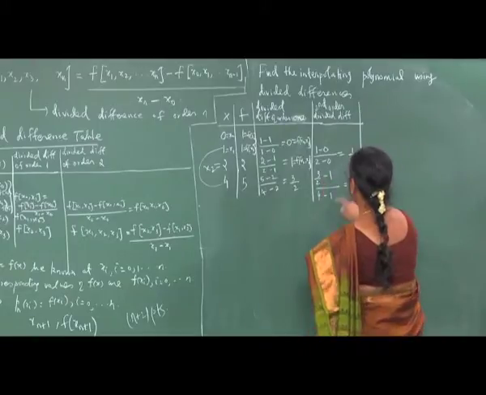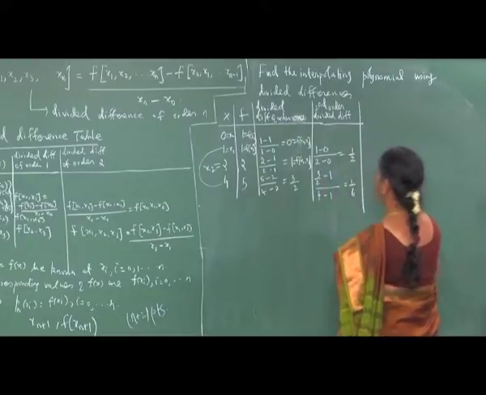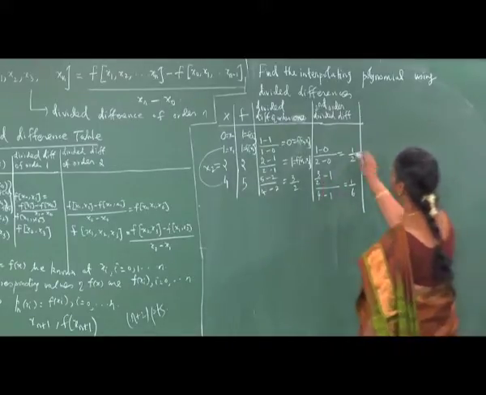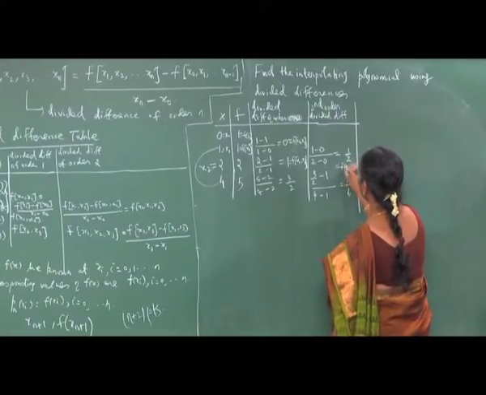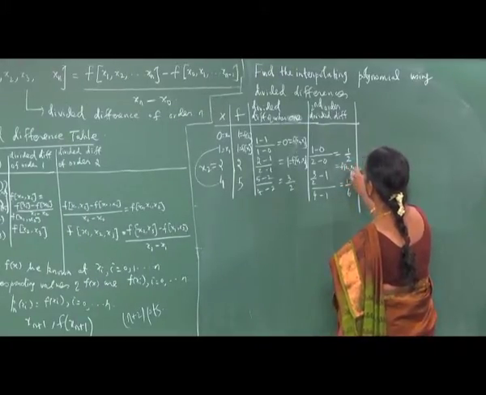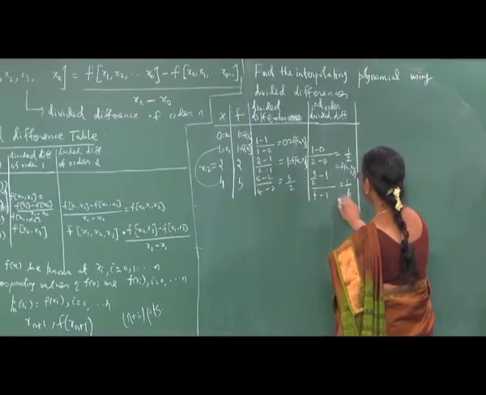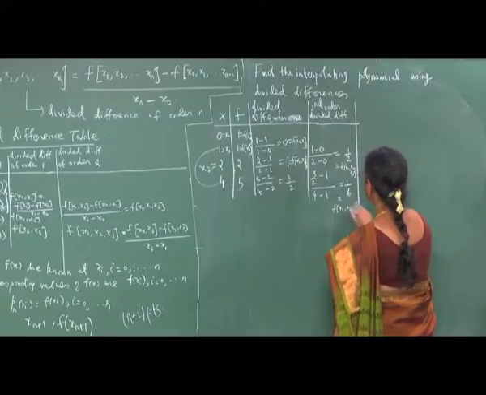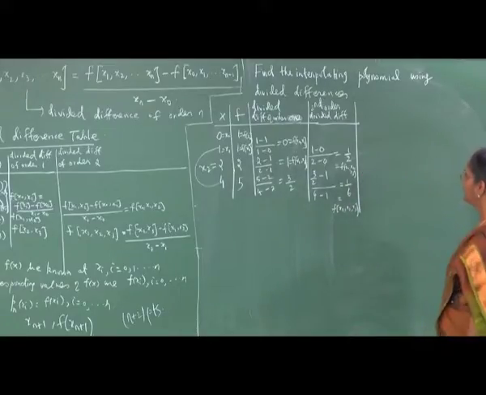So, it is going to be half by 3, so 1 by 6. How do you denote this? This is f of x naught, x1, x2, and this is f of x1, x2, x3. These are the second order differences.